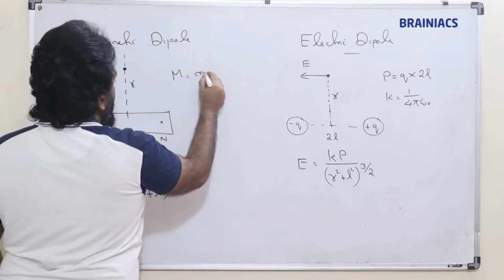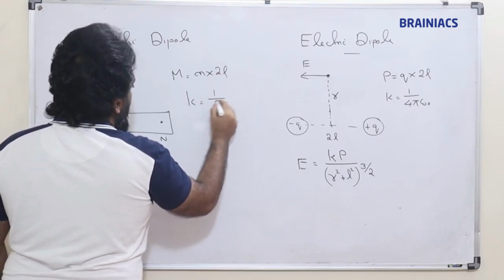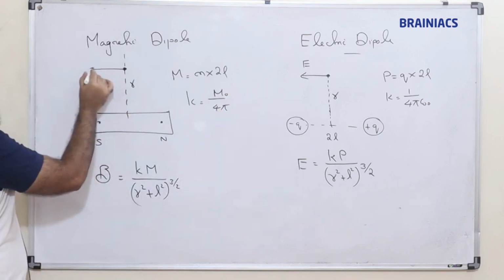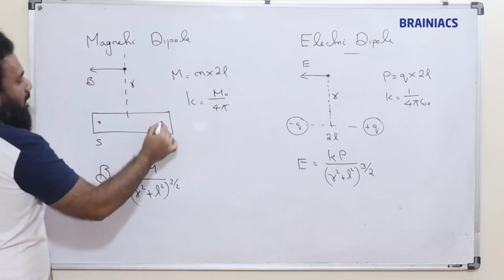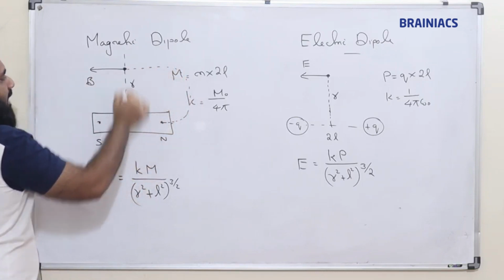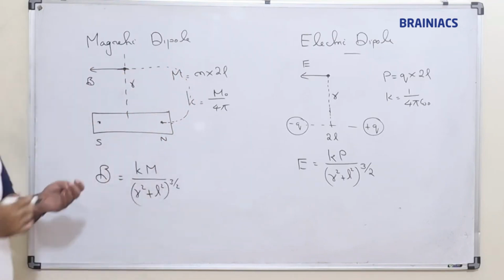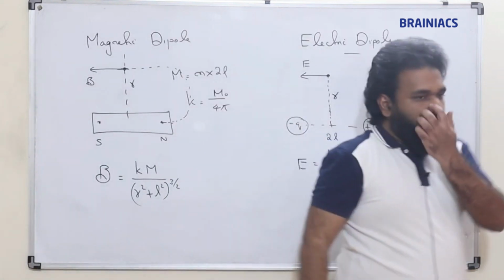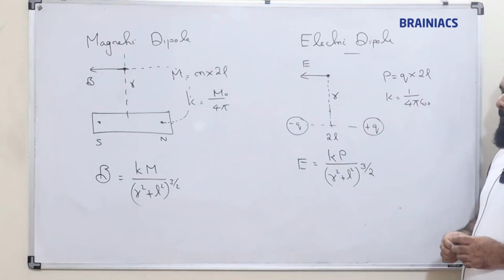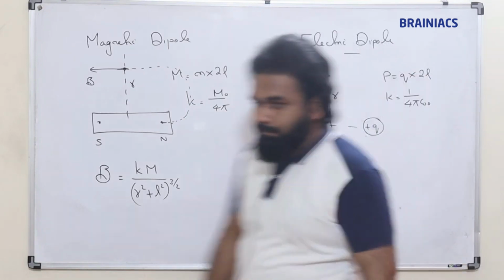M is equal to small m, pole strength into 2L, and K is going to be mu 0 by 4 pi. And here also the direction of magnetic field is going to be like this, exactly at the equatorial point, this is going to be a straight line. Note it down. Exactly same everything, only P and M and K value will vary. Okay, clear?